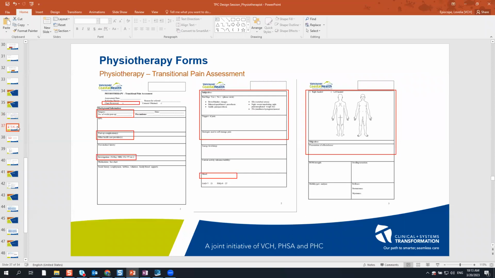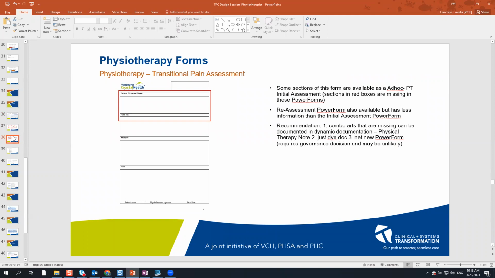The next form here is the transitional pain assessment. The categories that are highlighted in the red boxes, we did a crosswalk of this form compared to what was available in Cerner, and the ones in the red boxes are currently not in anything that we have that's directly equivalent.